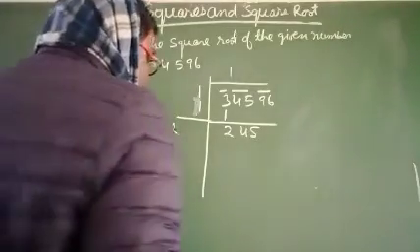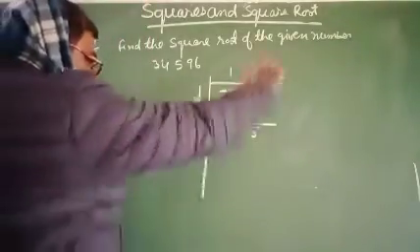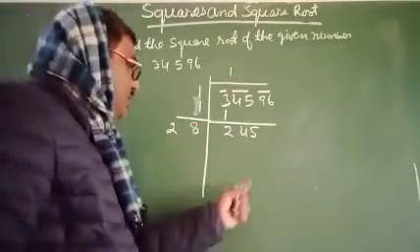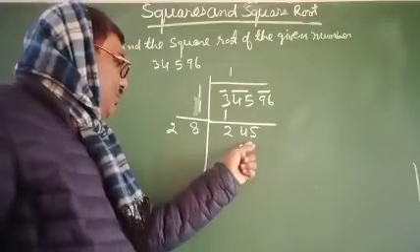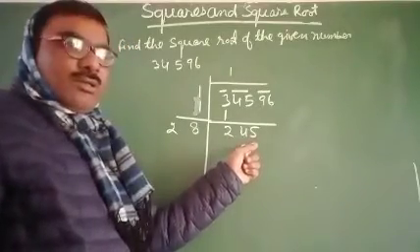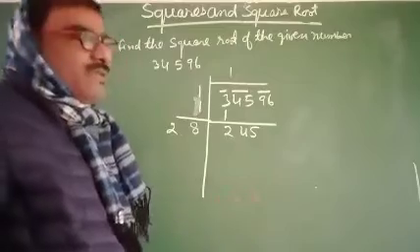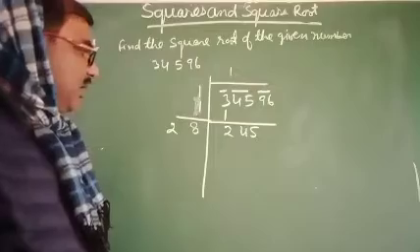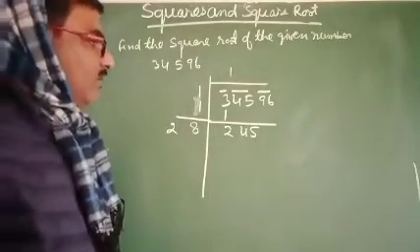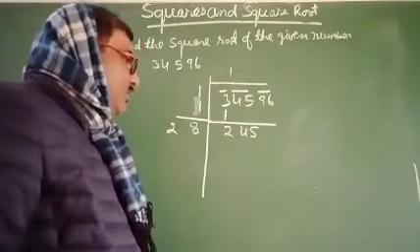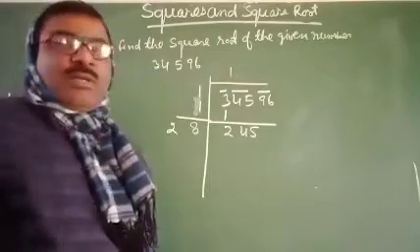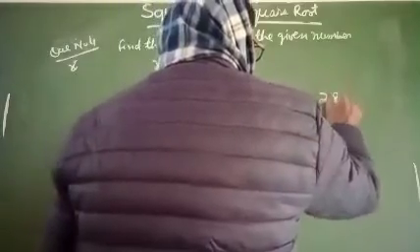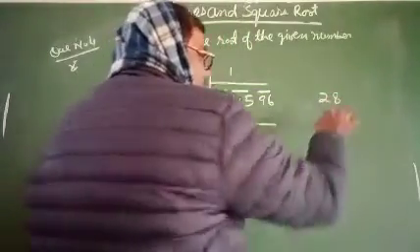So here, if you write 8, 8 times 4 is 64 hmm, 4 carry 6, 8 times 2 is 16, 16 plus 6, 22. If you write here 9, then that will be greater than 245. So I will write here 2, I will multiply 28 by 8.